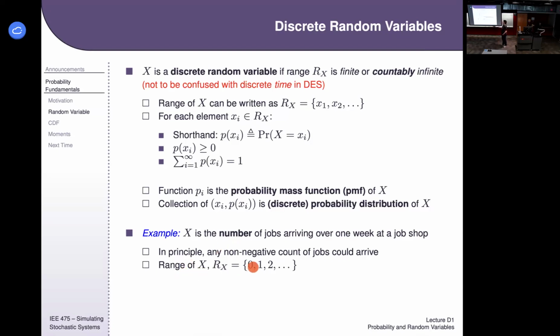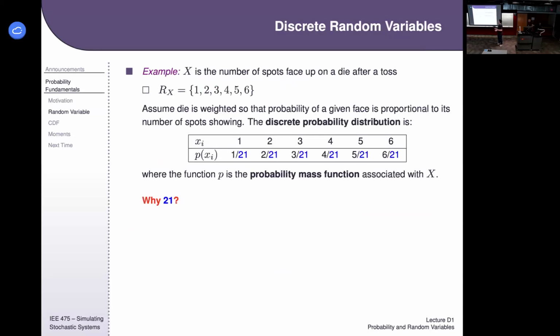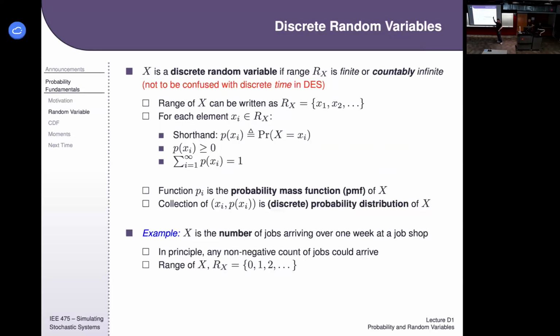So the range of X is all of the non-negative integers, all of the natural numbers from 0 to infinity. There potentially would be a probability assigned to all of these numbers all the way up to an unbounded set, all the way up to infinity. That's what I mean by discrete random variables. Any questions about these definitions?